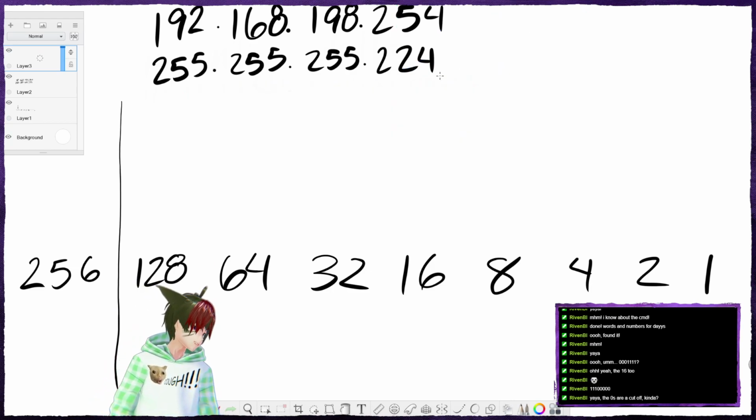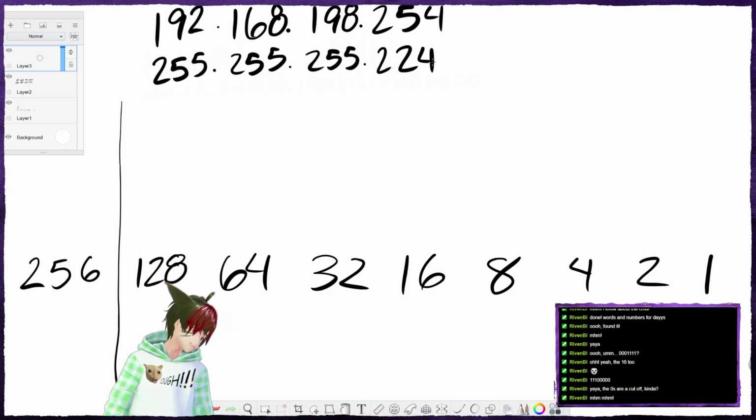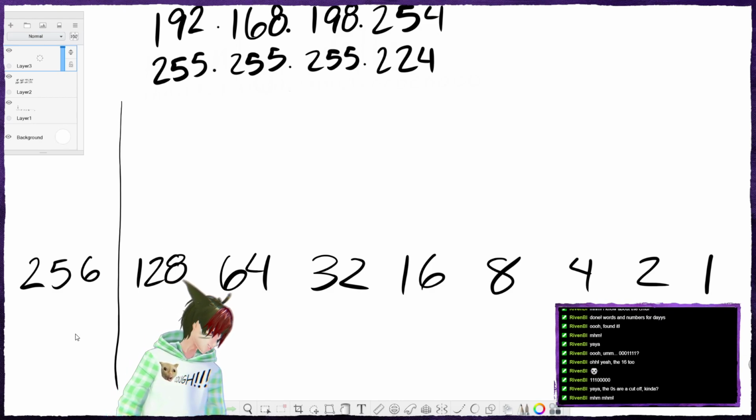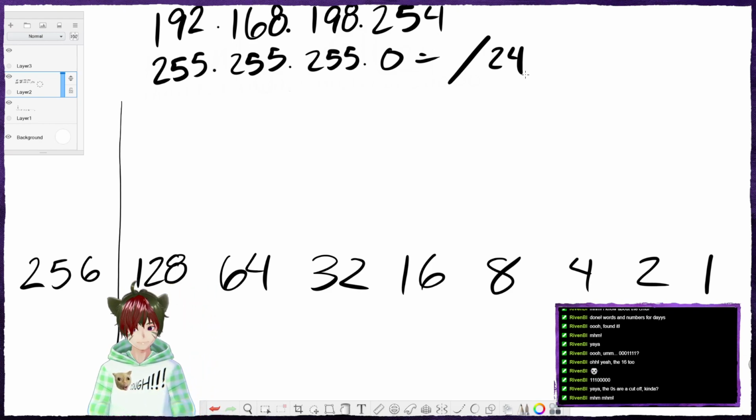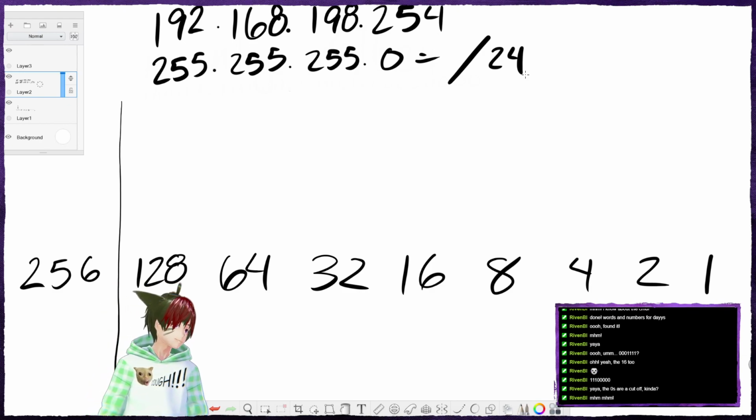So, CIDR notation for... Let's just go back to something easy. CIDR notation. This equals /24. Because what's 8 times 3? 24. Right?